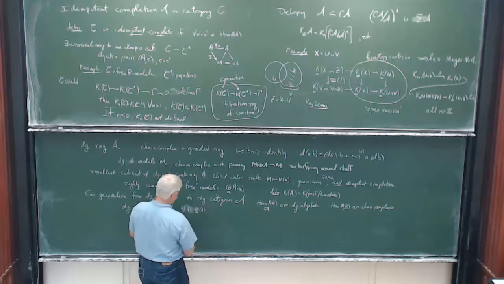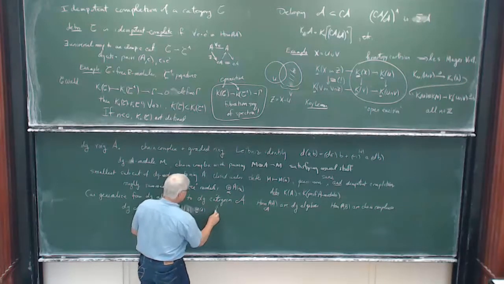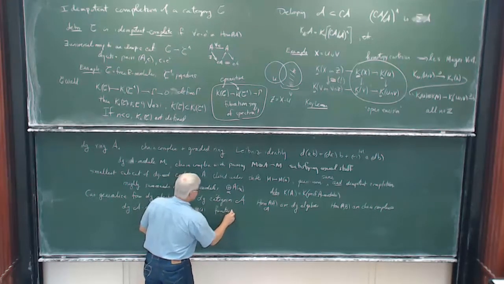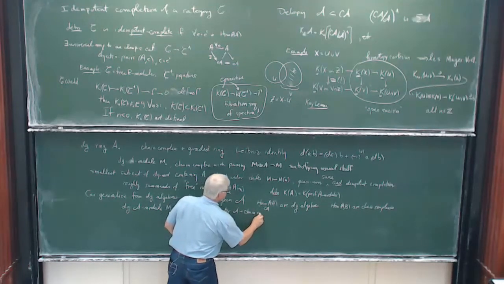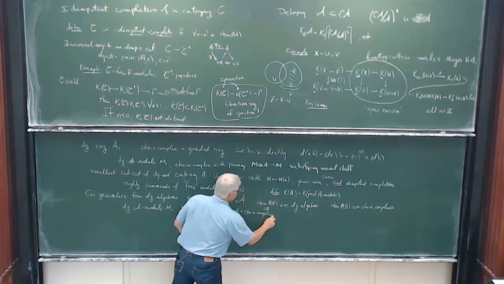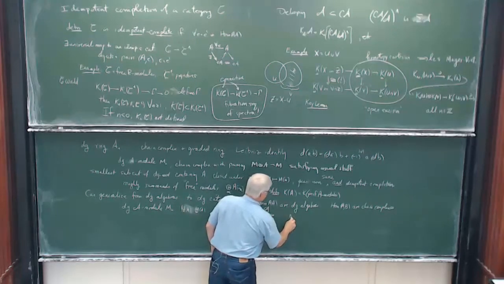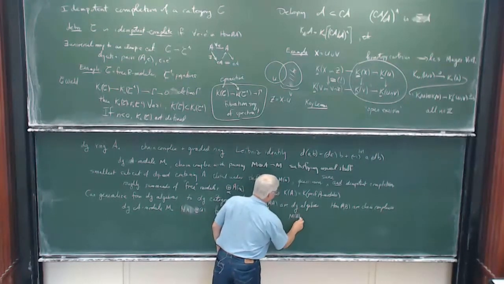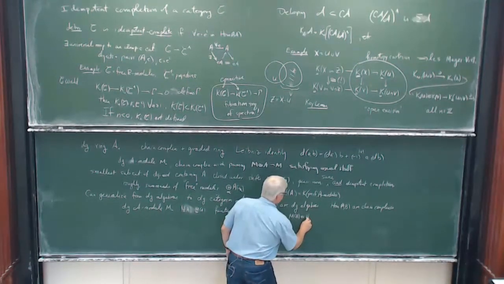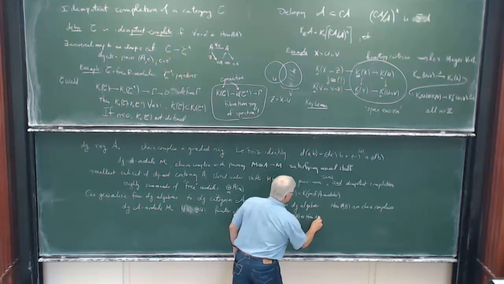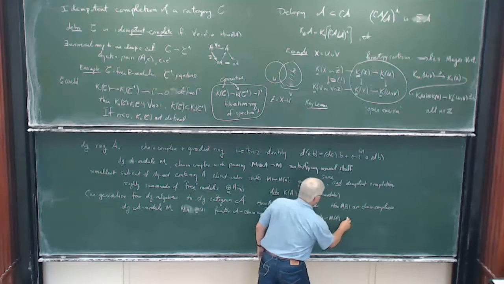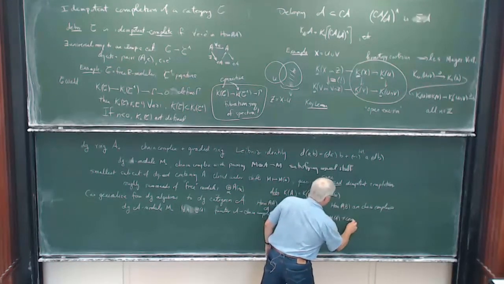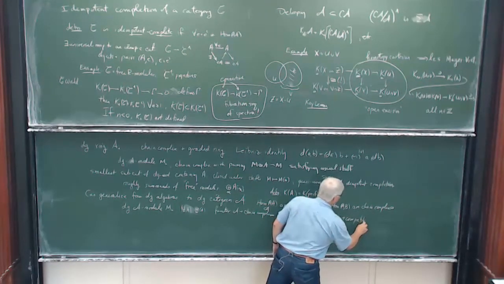So it's a functor from the category script A into chain complexes. And you have M(B) tensored with Hom(A,B) goes to M(A). And then you want to have the usual compatibility.